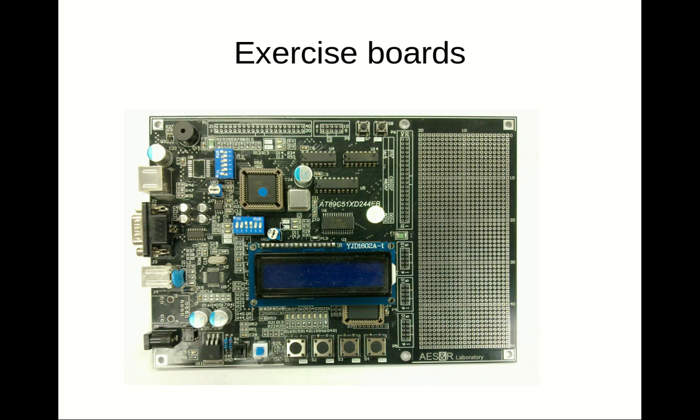Yeah, what can we see on our exercise board? First, maybe you realize this metal box here is the USB connector. This is actually not the native connection with which this microcontroller is operating. By the way, the microcontroller itself is here. This is the 8051 in a 44 pin housing.